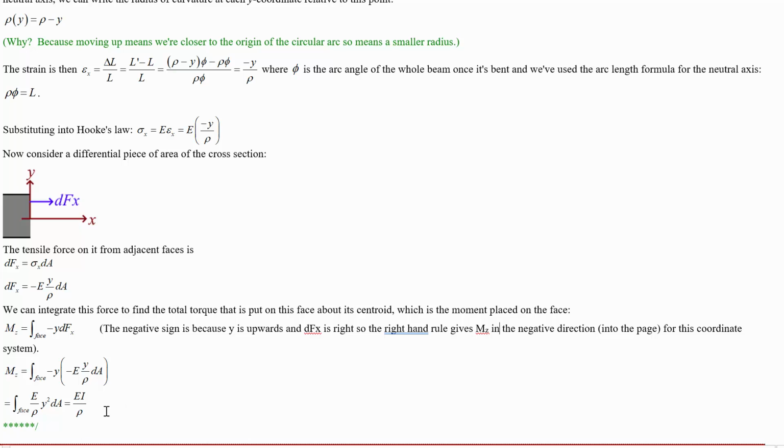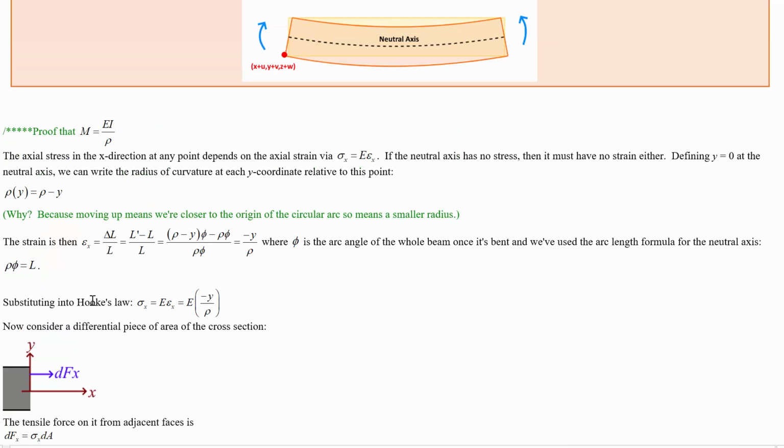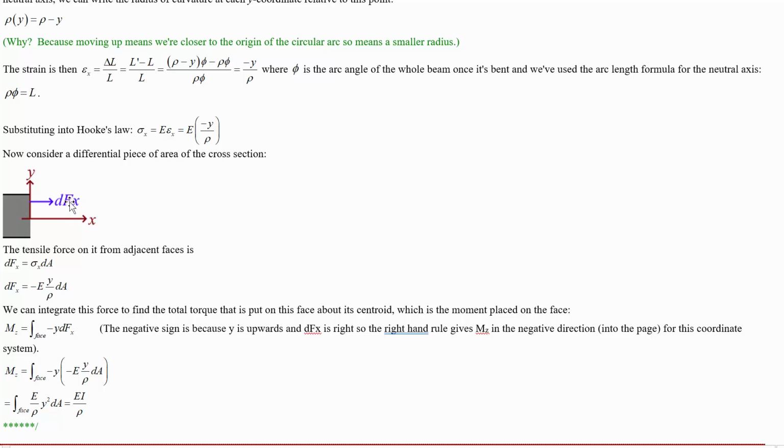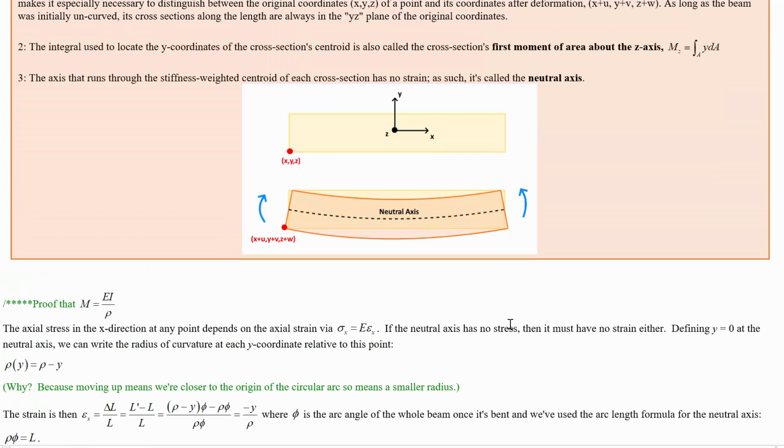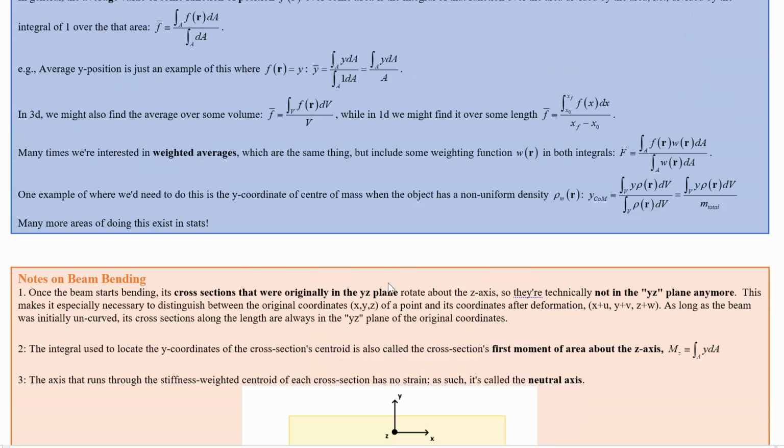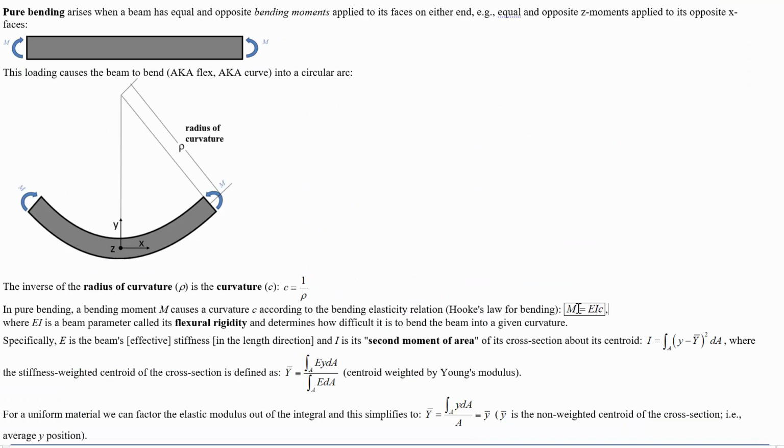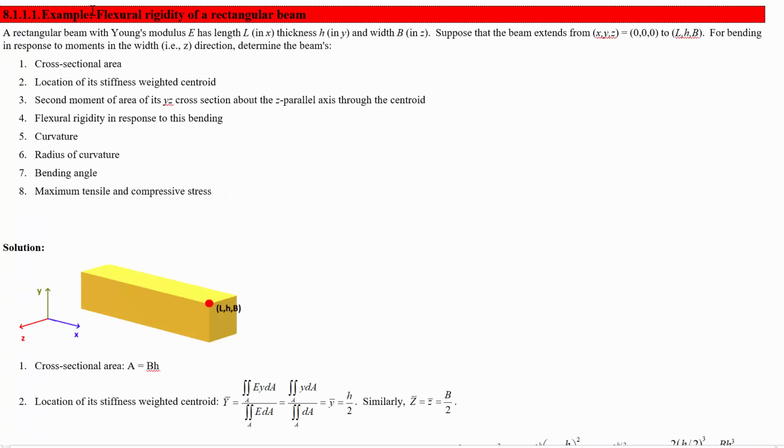It tells you how curvature is going to manifest in this beam in response to the internal bending moments, just by looking at the net effect of stresses and how they're related to strains. And that determines this Hooke's law relation that an applied moment is going to lead to a curvature through flexural rigidity.